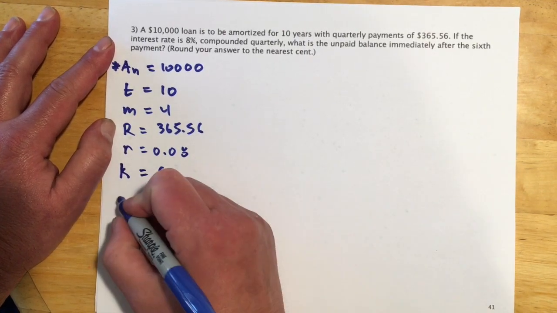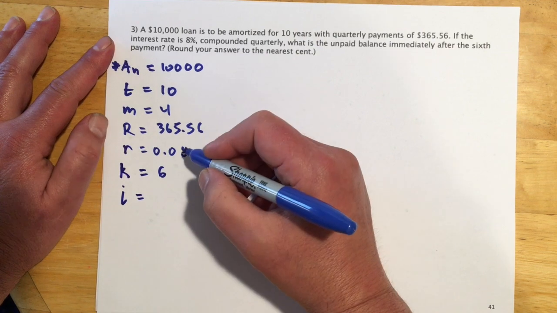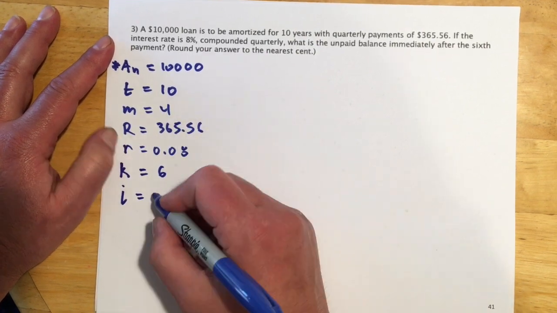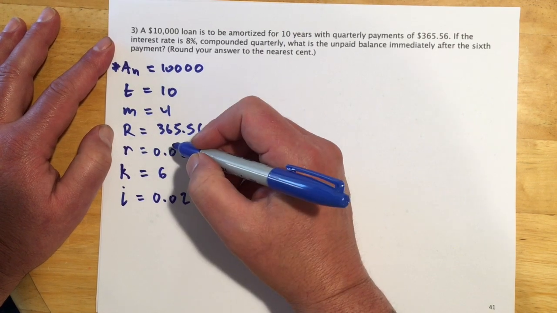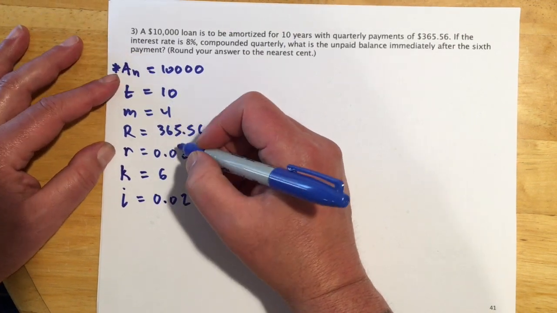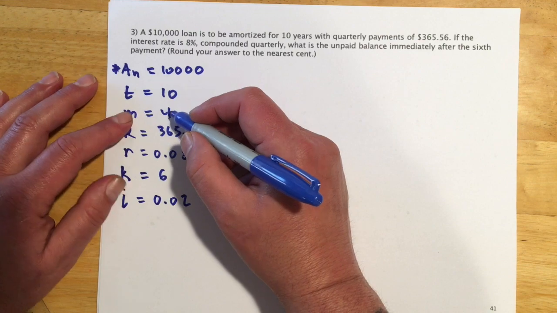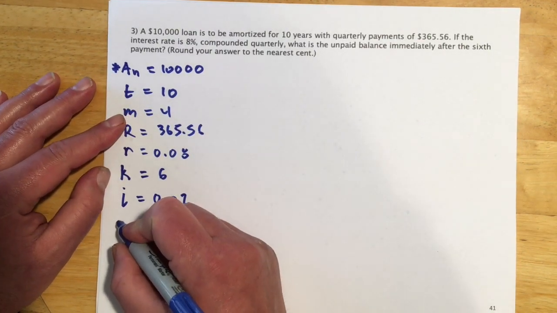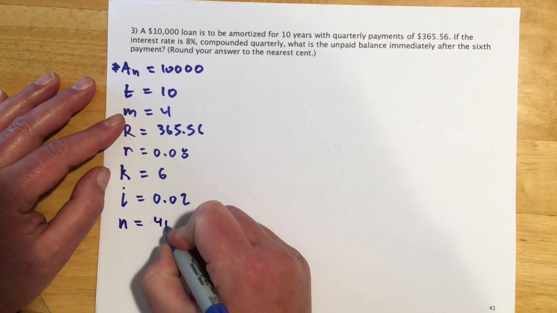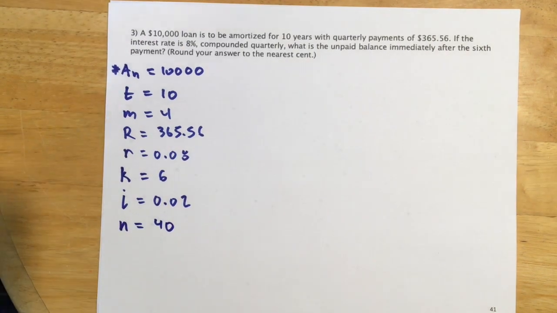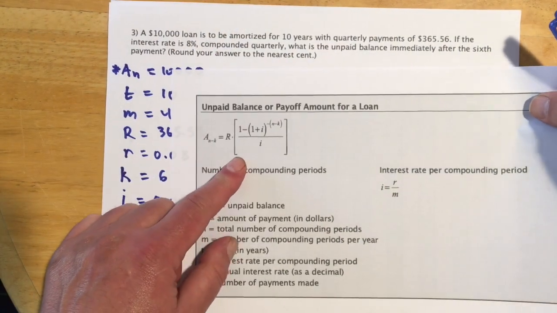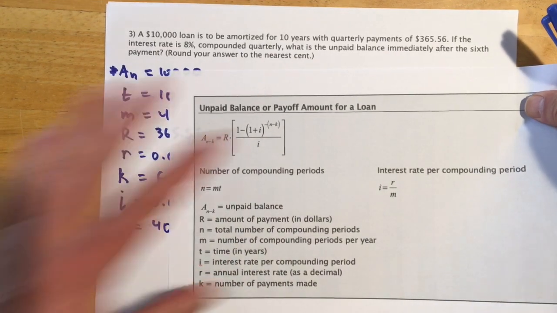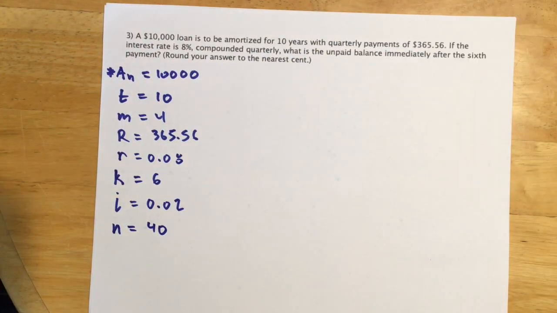We still need I, and that was rate divided by periods, so that would be 0.02. And then we still need the total number of payments, so 10 times 10 years quarterly, so that'd be 40. And that's our N. And now I'm just going to plug into this formula right here. And again, I'll cut away, write all that up, and then come back.